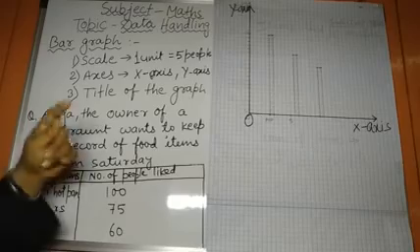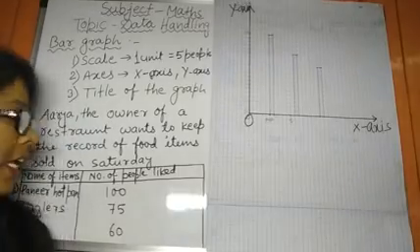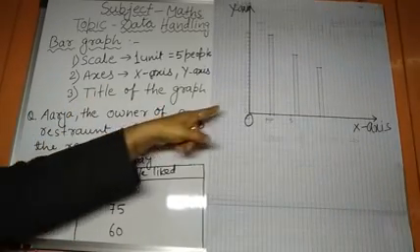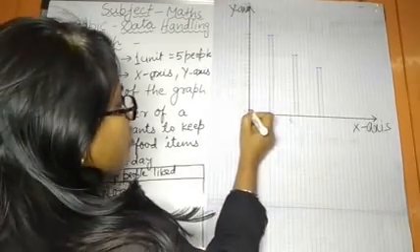Now the third thing is scaling. What is the scaling here? 1 unit is equal to 5 people. So this is 1 unit.